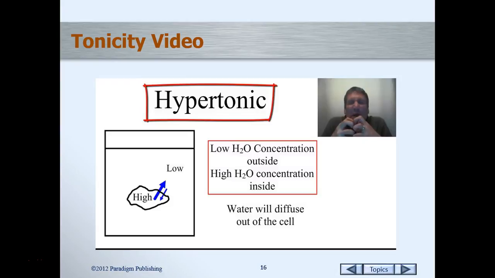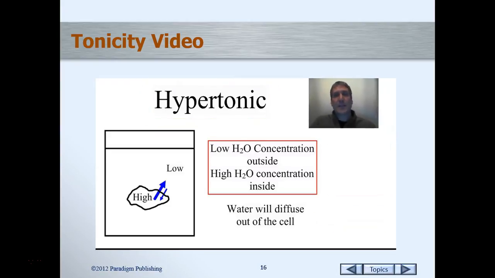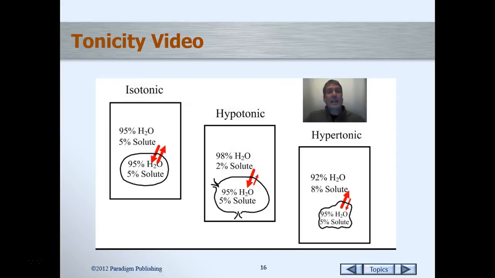Hypertonic. I'm getting smaller, hypertonic, because there's a low concentration of water outside and a high concentration of water inside. This means that water will diffuse out of the cell, causing the cytoplasm to shrink. Once you understand these three environments, you'll understand diffusion in cells.